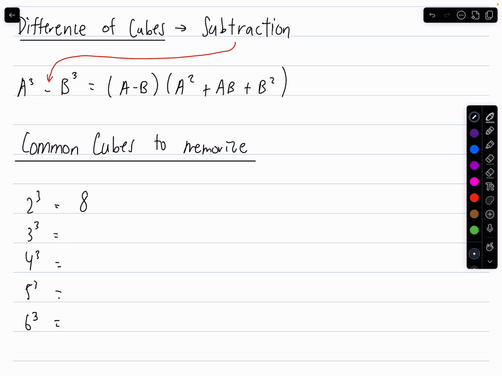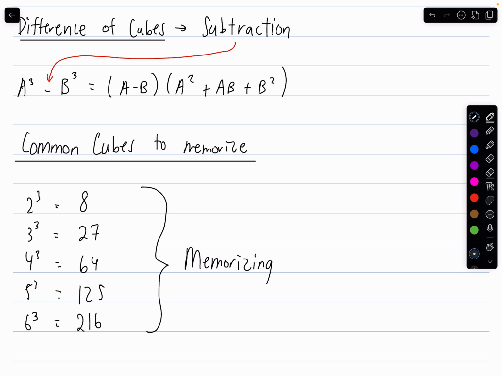So 2 cubed is 8, 3 cubed is 3 times 3 times 3, which is 27. 4 cubed is 64, 5 cubed is 125, and 6 cubed is 216. So maybe start memorizing these. Once you see these on tests, you'll be able to recognize them right away.